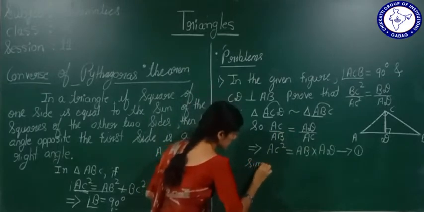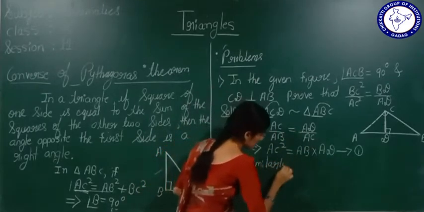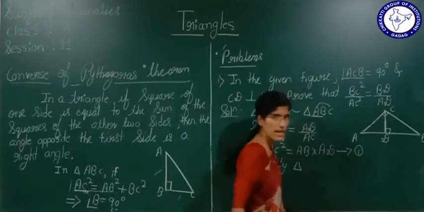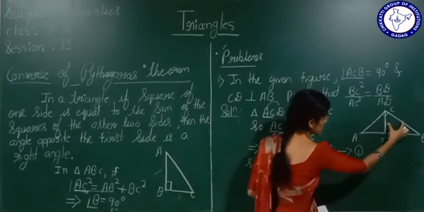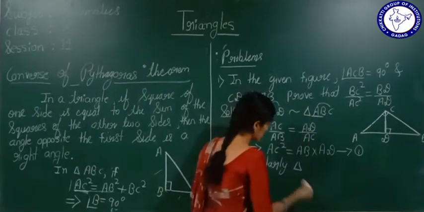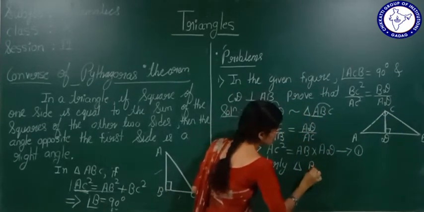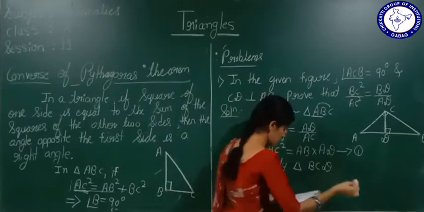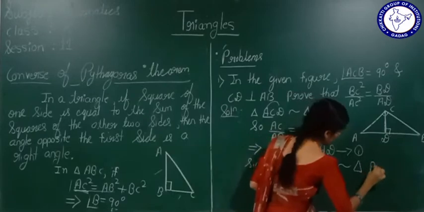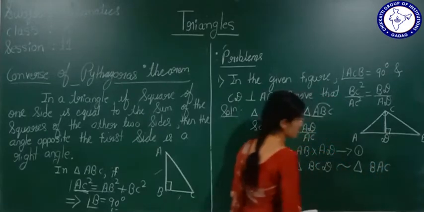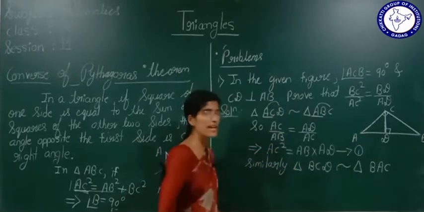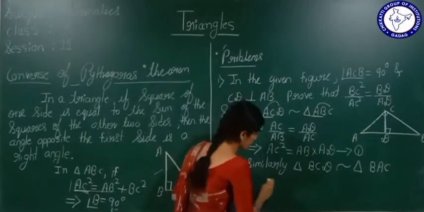Similarly, this triangle is similar to the whole triangle, right? Triangle BCD is similar to triangle BAC. If two triangles are similar, their corresponding sides are in the same ratio.